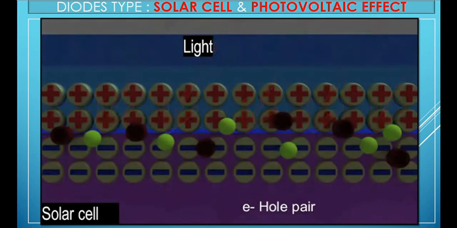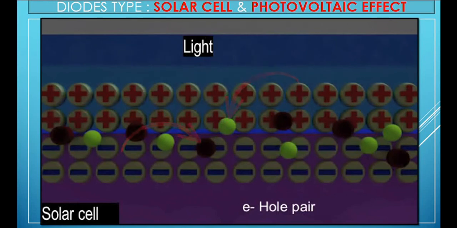And there is an internal electric field in the depletion layer. Due to this internal electric field, electron and hole pairs are repelled, and they go away from the junction. This is the open circuit condition.